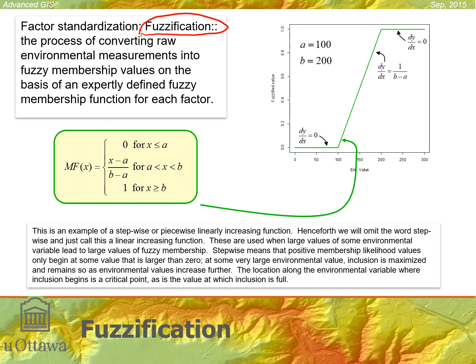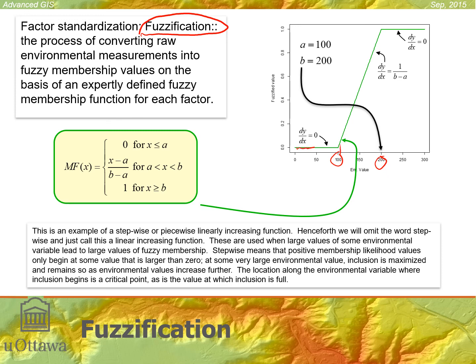So in this example here, we have two critical points in this fuzzy linear function, which is an increasing, or stepwise increasing, fuzzy linear function. The critical points are A, which is 100, and B, which is 200. And these define the very quick breaks in slope.